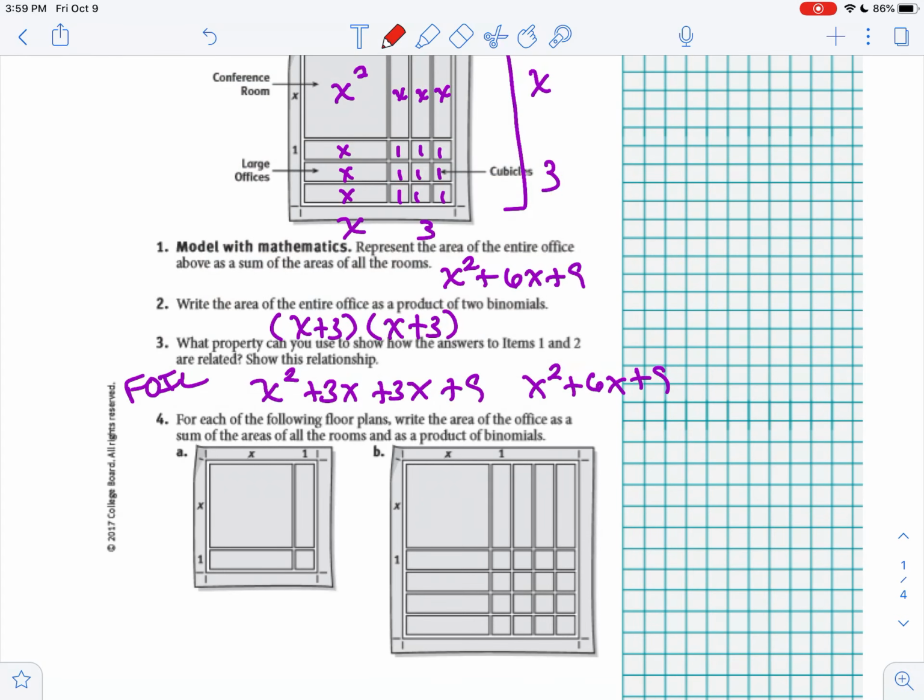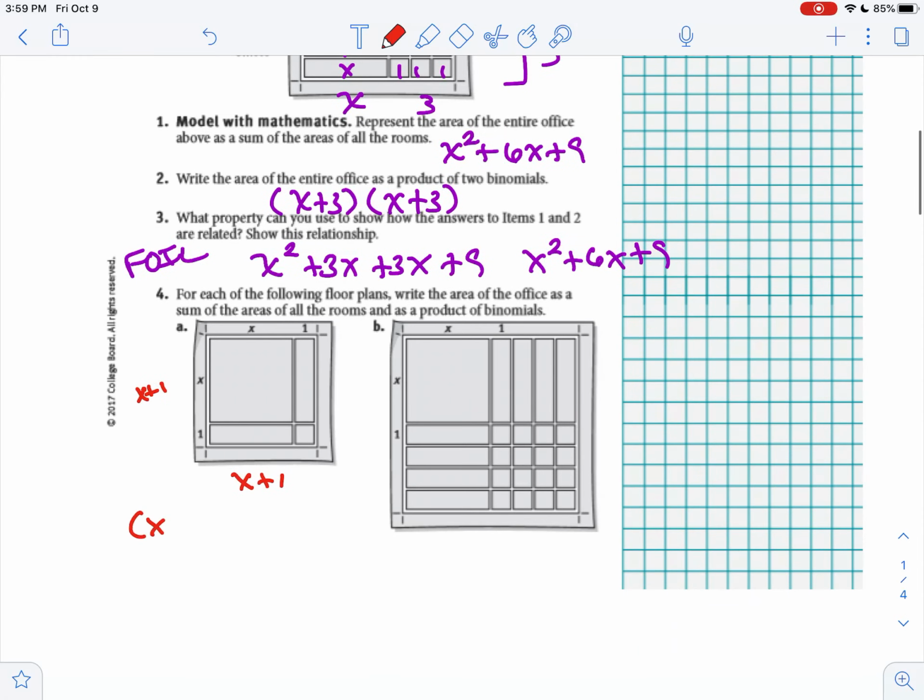Okay, so we could practice a couple more of these. It looks like we have x plus 1 as our length and x plus 1 as our width. So x plus 1 times x plus 1, we'll get x squared, and then 1x plus 1x is 2x, and 1 times 1 is 1.